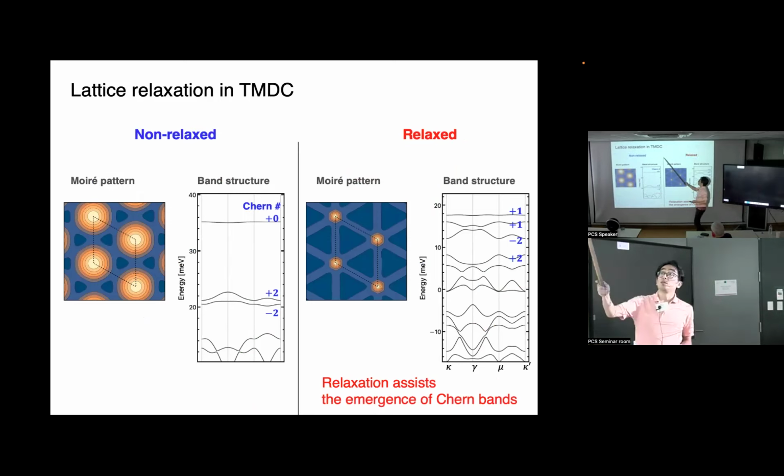As I said, if you do the calculation at some certain twist angle, the Chern band doesn't matter. This is trivial. Okay. If you increase the lattice relaxation, so the lattice parameter actually changes, then the band becomes topological. So also the lattice relaxation assists the emergence of Chern bands.